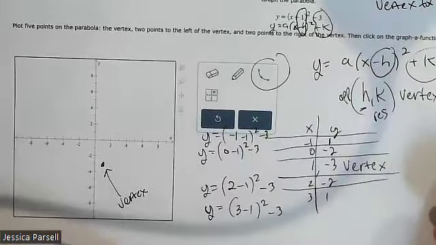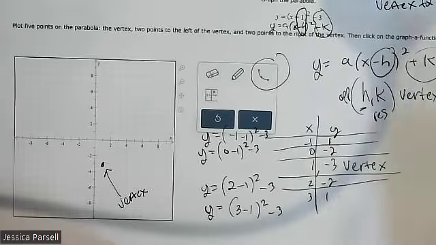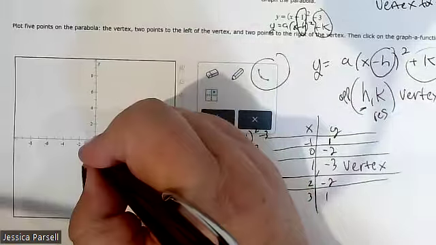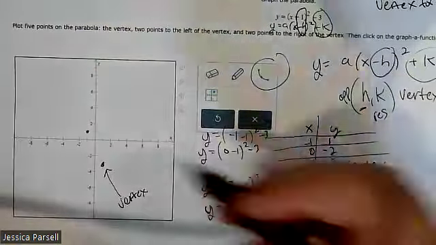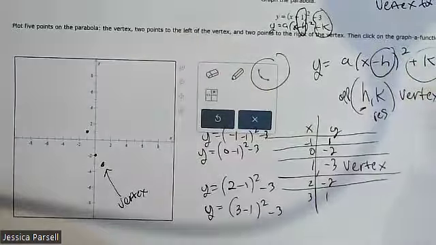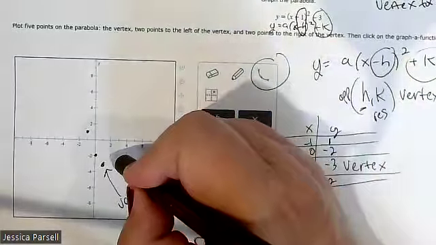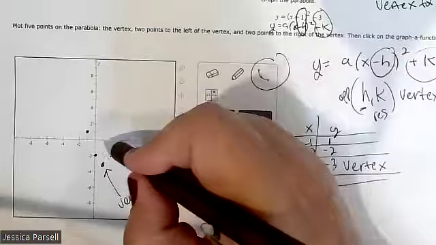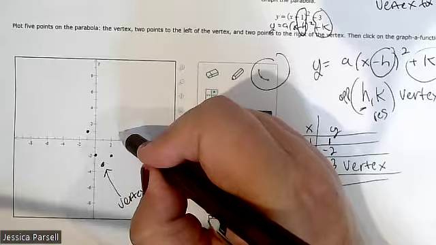So let's see what this thing looks like. So we're going to go -1, 1; 0, -2. We have our 1, -3, and then we have 2, -2, and 3, 1.